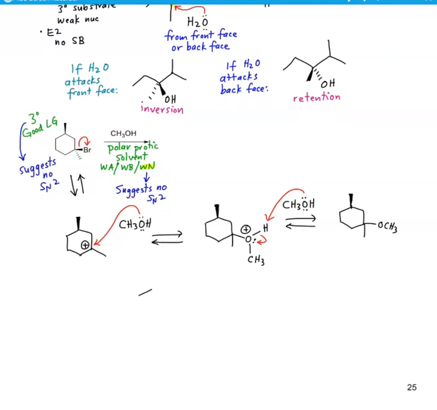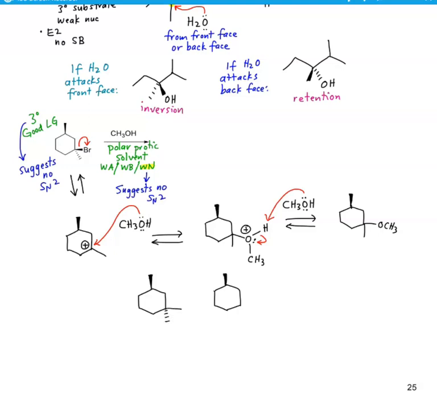So you're going to have two possible outcomes. And in both of them, the methyl group at the top of the structure stays in the same position. It hasn't been involved in the reaction. Nothing happened at the carbon it was attached to, so it stays the same.